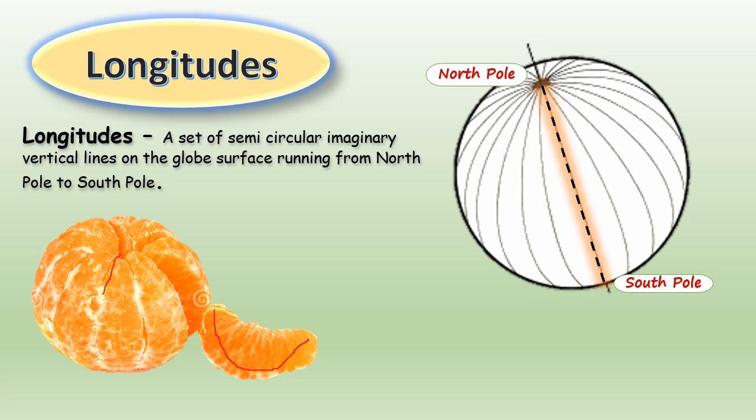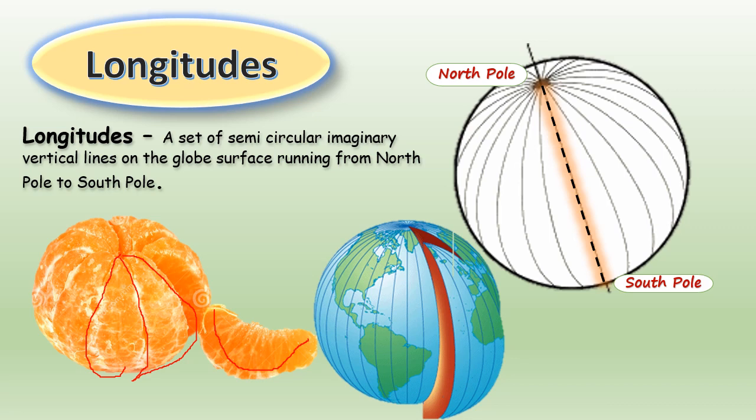They start from the North Pole and they end at the South Pole, like this. This much is clear. When we take out a slice from the globe, it will come exactly like a slice of orange. So this is how longitudes are drawn on the globe.